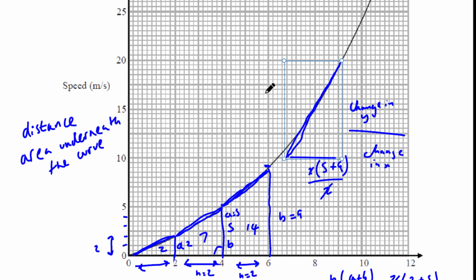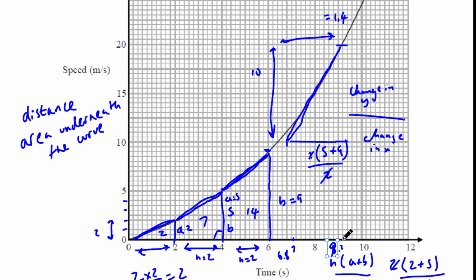So let's look at this. This height looks like it's 10 because it goes from 10 to 20. And from here, so you've got 9.2 minus 6.8.